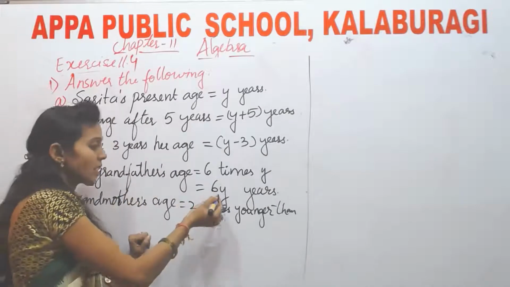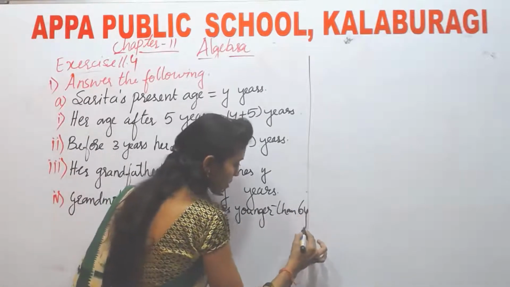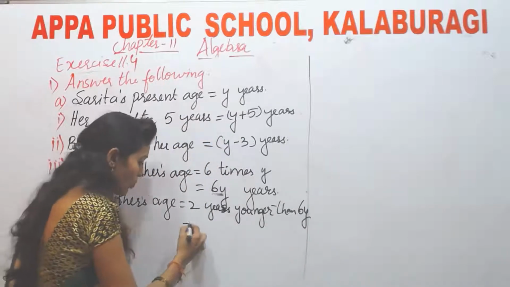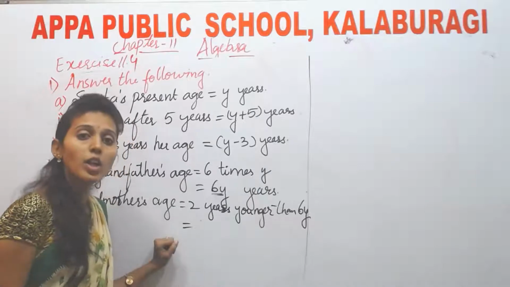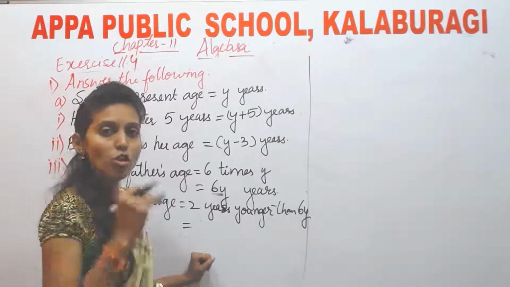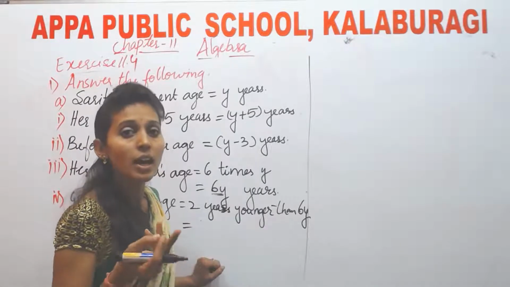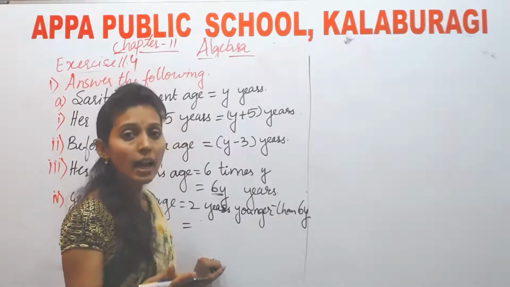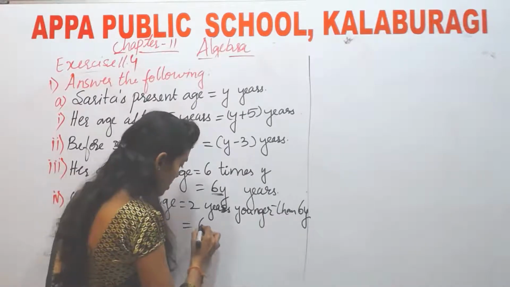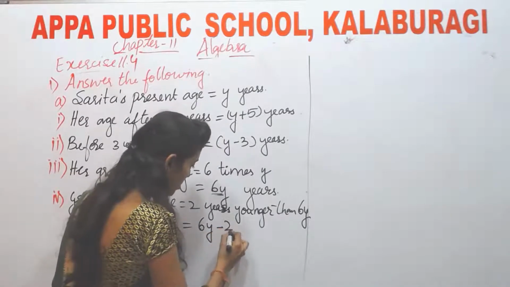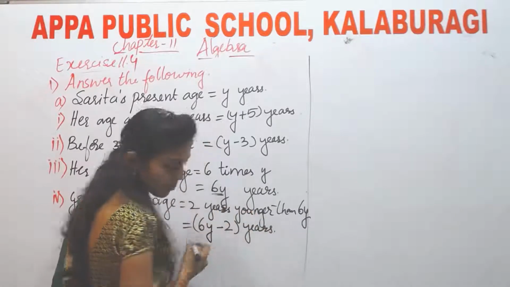But grandfather's age is 6Y. Younger means smaller, so the age will be less. Less means we should subtract. So 6Y minus 2 years.